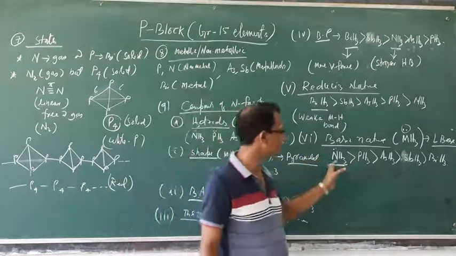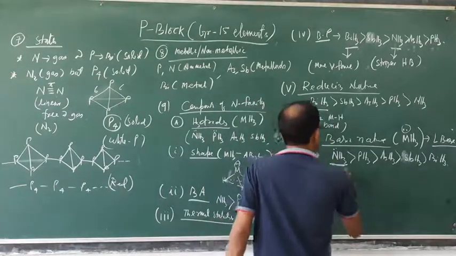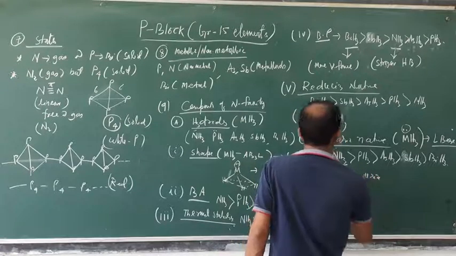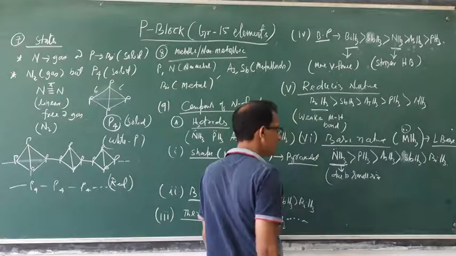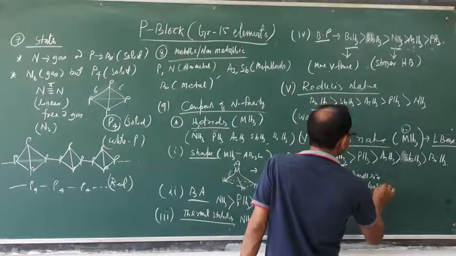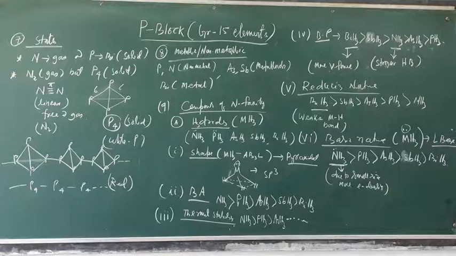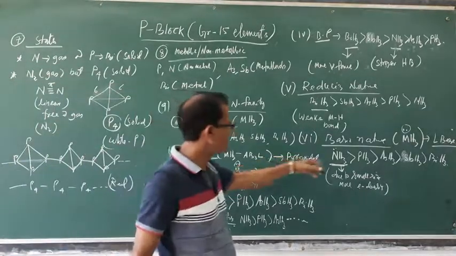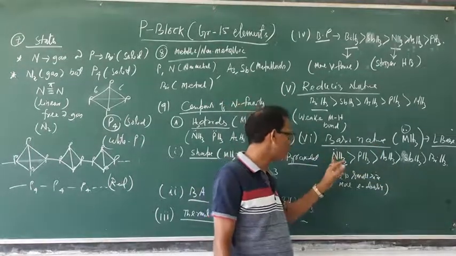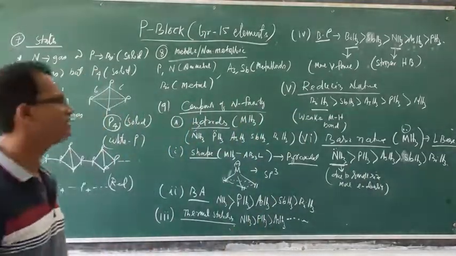Ammonia has higher basic character compared to others due to small size. Small size, more electron density. This is very important; the explanation part is very important. You have to compare and explain why ammonia is more basic compared to other hydrides. Due to the small size of nitrogen, it has more electron density. More electron density means basic character is more.